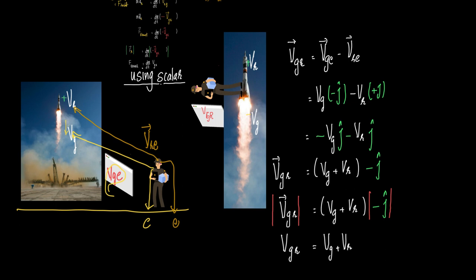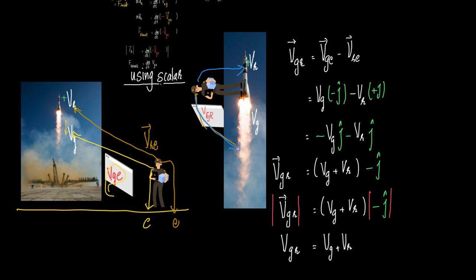But if you shift the same man and put him on the rocket, then he is observing the gases from the rocket, and therefore what he sees is the velocity of gases with respect to the rocket.